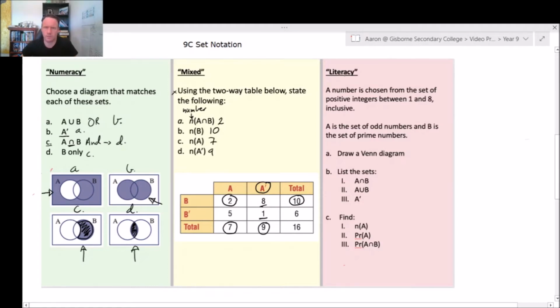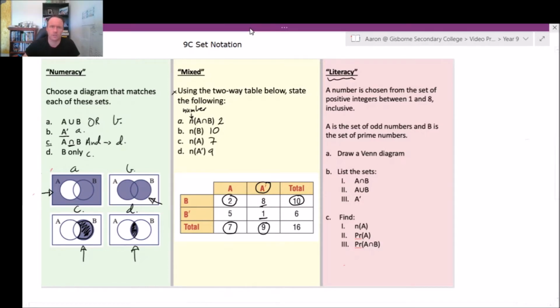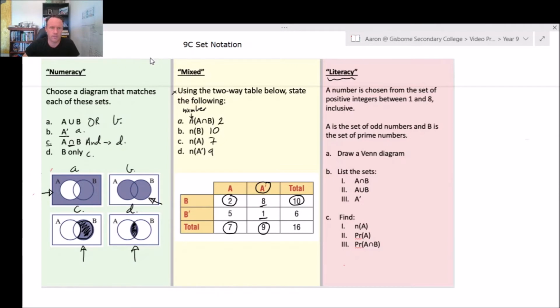And lastly, over the right-hand side, let's change colour just for the sake of it. A number is chosen from a set of positive integers between 1 and 8. So here are our numbers: 1, 2, 3, 4, 5, 6, 7, and 8. We're told that A is a set of odd numbers and B is a set of prime numbers.